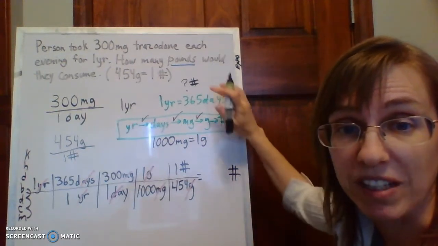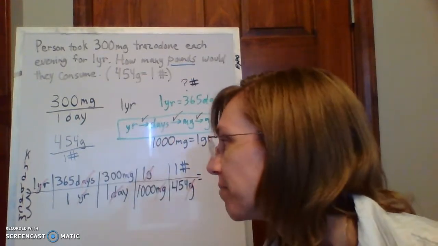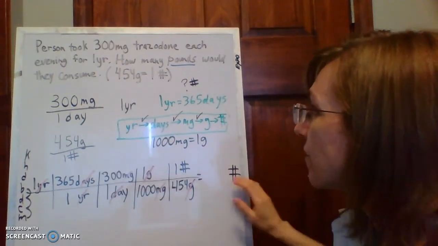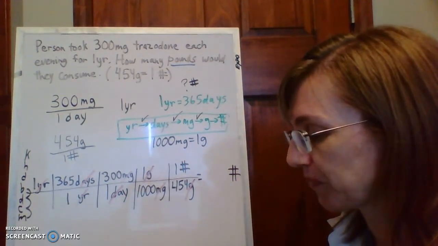Remember, that unit can be a double check to make sure that you're on the right track and you're doing the math right. So if the units work out, now we'll spend the time to plug things into the calculator. Okay.